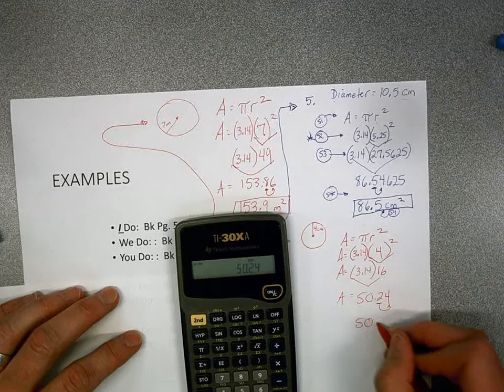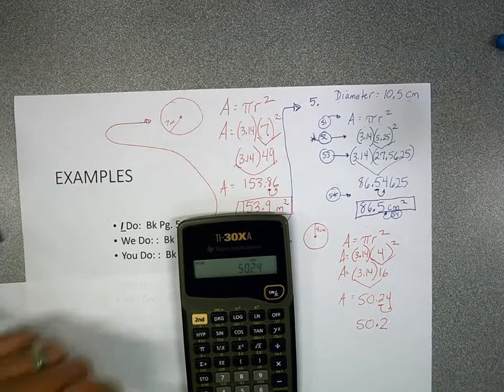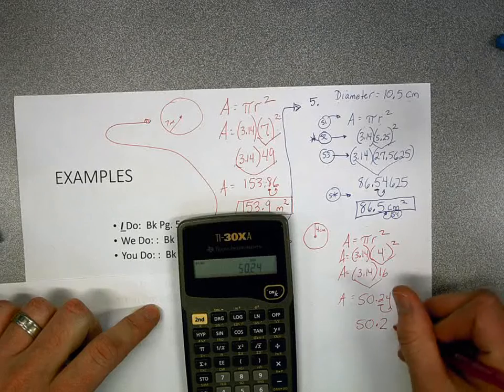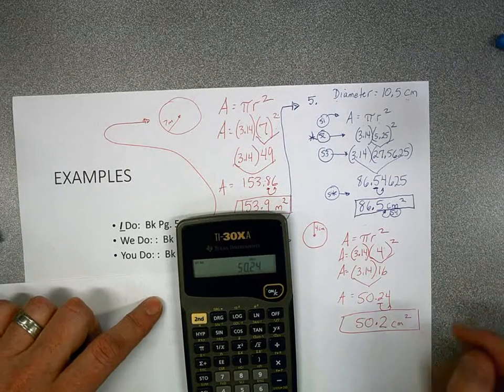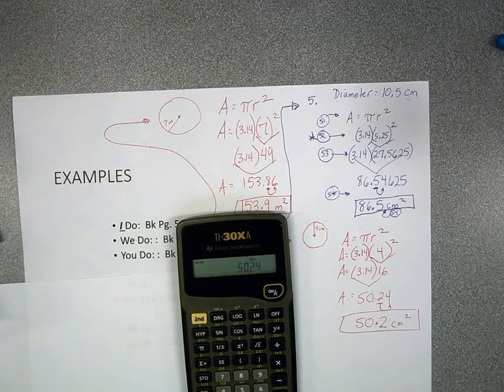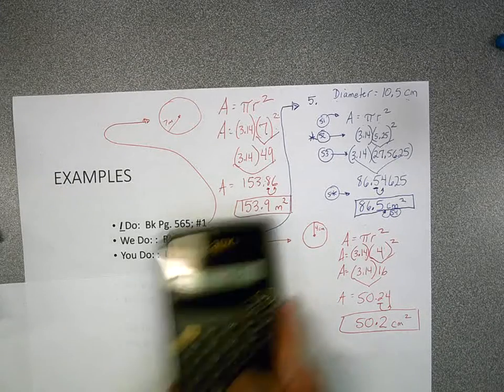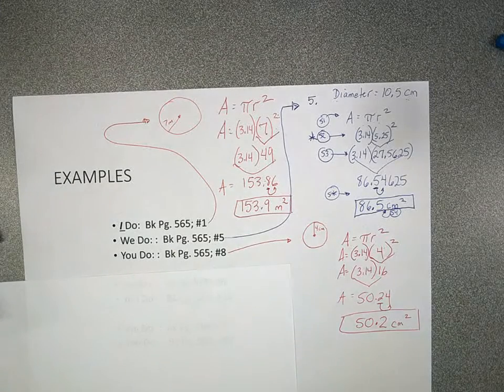So we end up with 50.2. And I need to make sure my units are in centimeters. It's square centimeters. And if you use the pi key, it's 50.3 square centimeters. Okay, questions on that one?